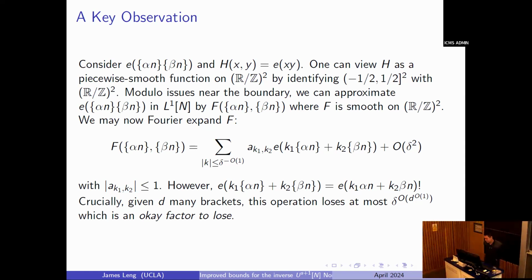You have to, instead of iterating this many times, do it all at once. You construct the bigger h in the beginning, and you do it all at once. And because these factors have an exponent polynomial in dimension, these are okay factors to lose.